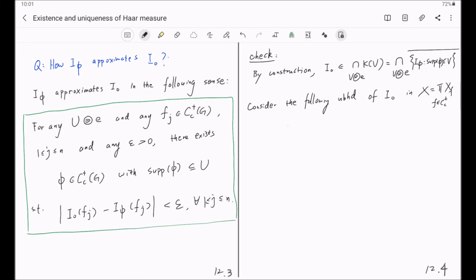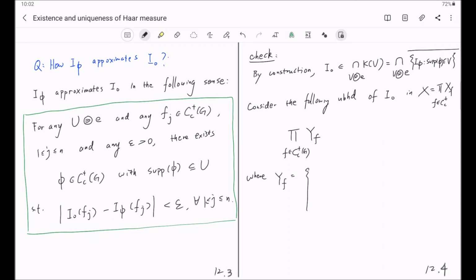So we consider such sets. The infinite product of Y sub F's, where F ranges in Cc plus of G, where each Y sub F is defined as follows.